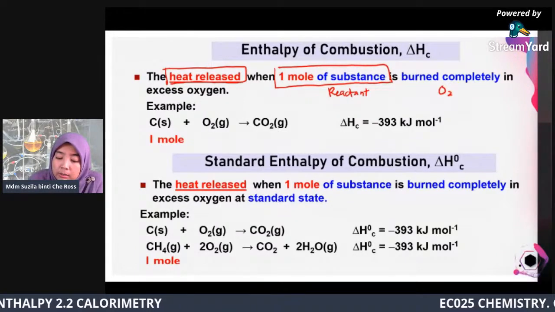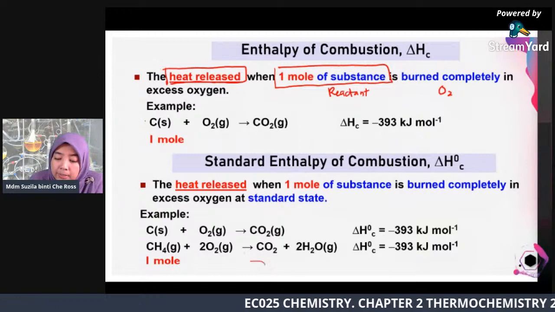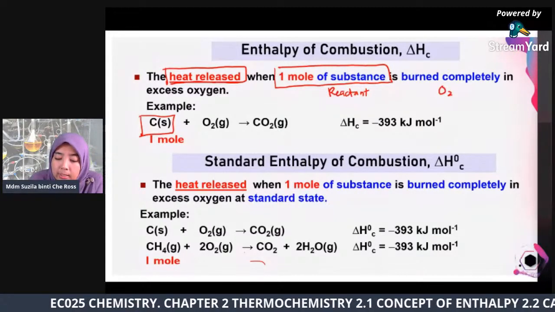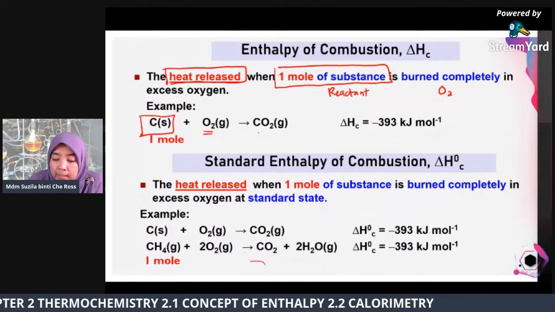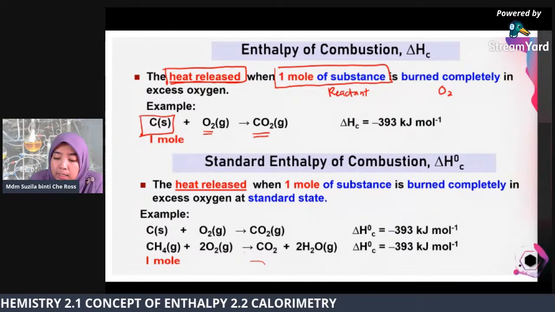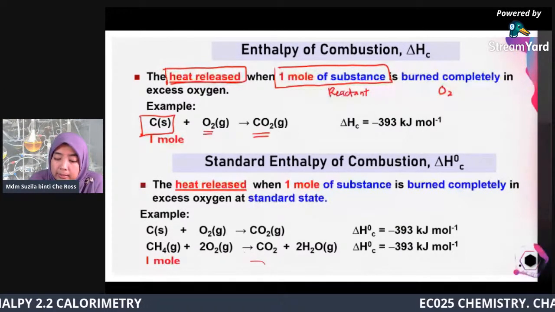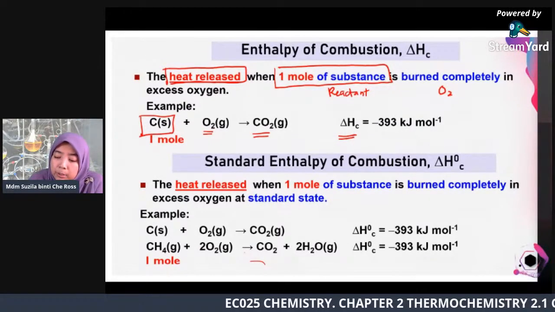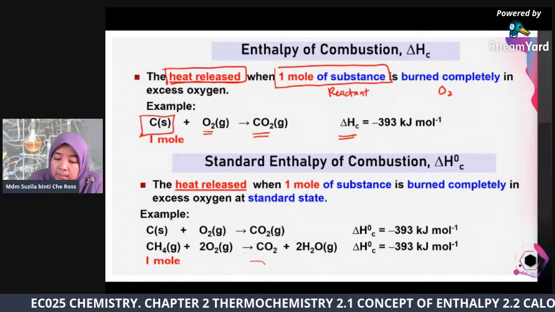Okay, so enthalpy of combustion, 1 mole substance here. The substance burns in excess oxygen, so the product is CO2. The symbol for enthalpy of combustion is delta Hc. What is the difference between enthalpy of combustion and standard enthalpy of combustion?